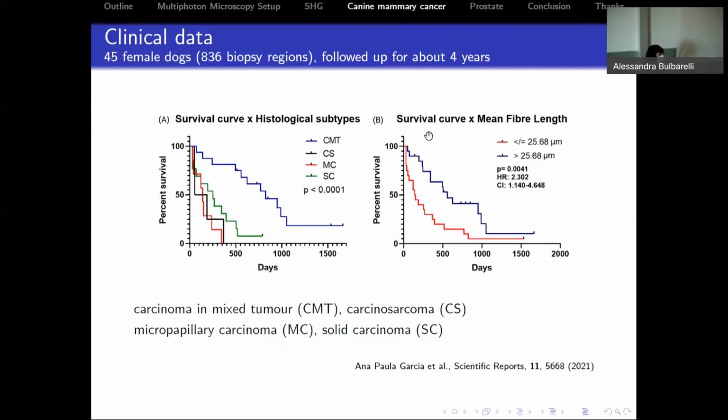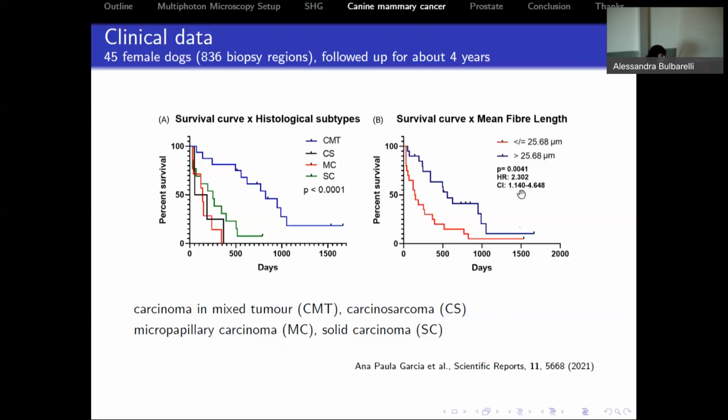Then we looked at the details of the collagen fibers, and instead of separating the samples by histological subtype, we separated them by collagen fiber length. We could correlate that there was a critical fiber length: below it the animal lived less, and above it there was a better prognosis.